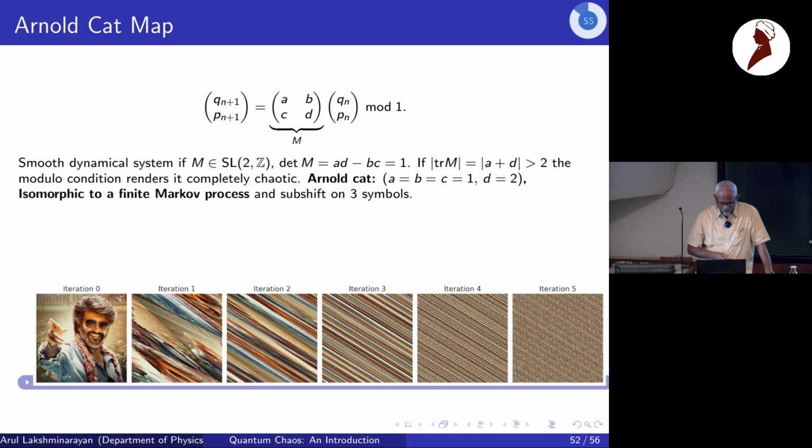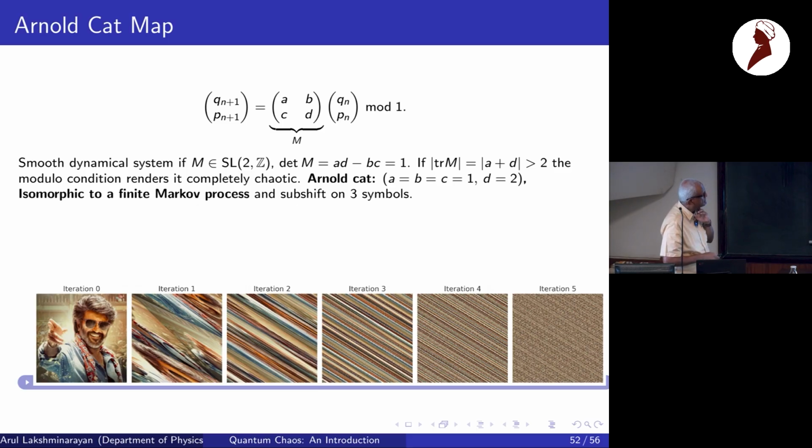Here is another very well-known map called the Arnold cat map, studied in the same book where I showed that mixing, Arnold and Avez, Ergodic Problems of Classical Mechanics. This map looks linear, with a, b, c, d constants, except that it's now on a torus. So there is a modulo 1 condition, and therefore a, b, c, d have to be integers.